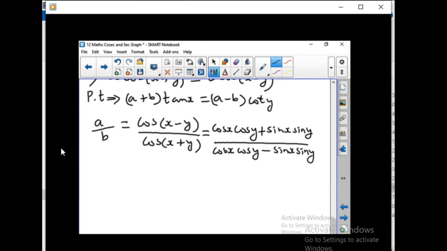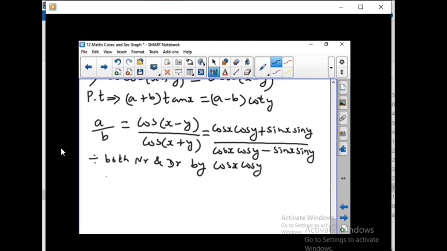Now divide both numerator and denominator by cos x cos y.